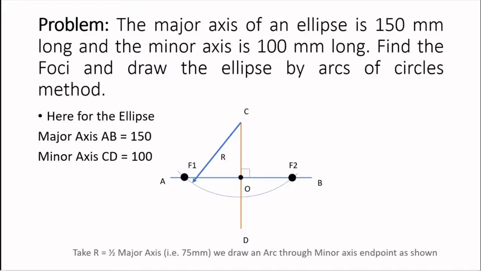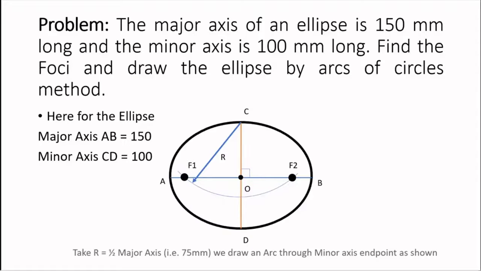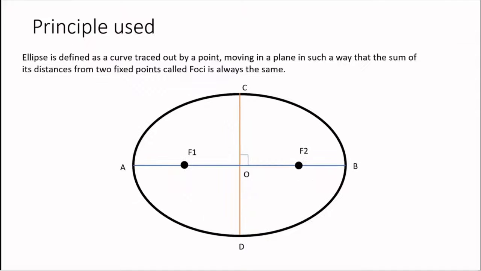F1 and F2 are the foci of the ellipse. By using these foci and construction, we can draw the ellipse. The principle that we use for the arcs of circle method is that for a point on an ellipse, if we sum its distances from two fixed points, the foci, it is always the same and equal to the major axis.